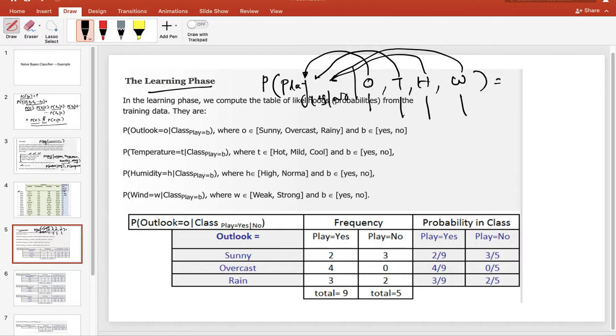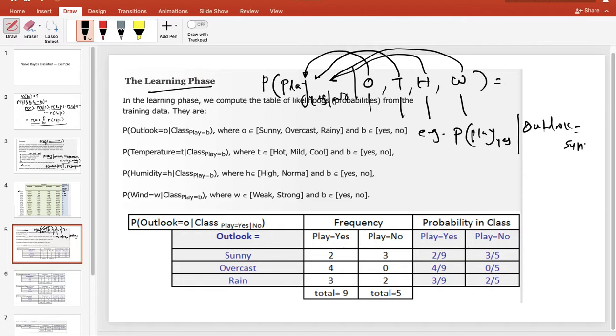Of course, with the individual values of outlook. For example, outlook is sunny, and this kind of probability we need to compute: probability of play yes given outlook is, let's say, sunny.